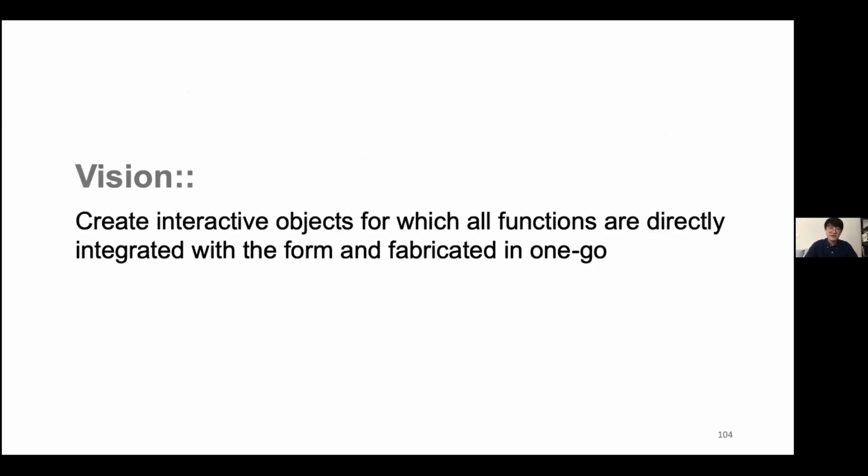And all of those efforts contribute to my bigger vision, which is to create interactive objects for which all functions are directly integrated with the form and can be fabricated in one go.